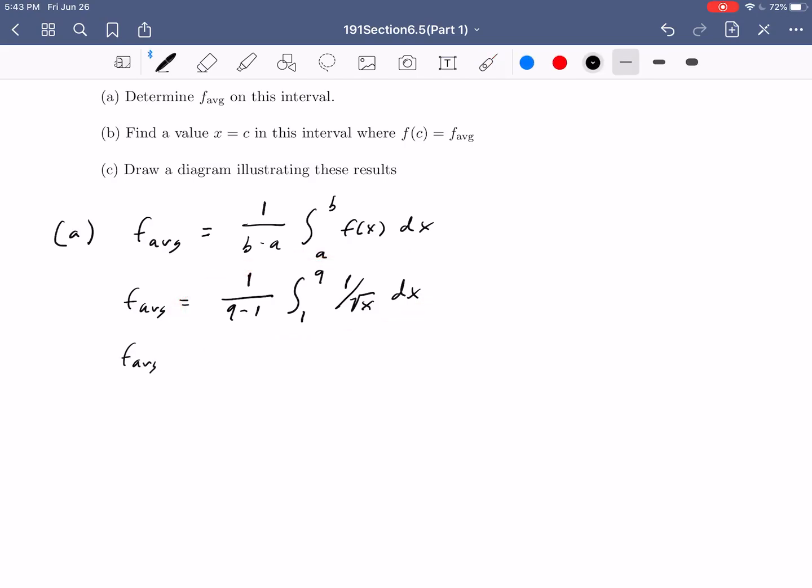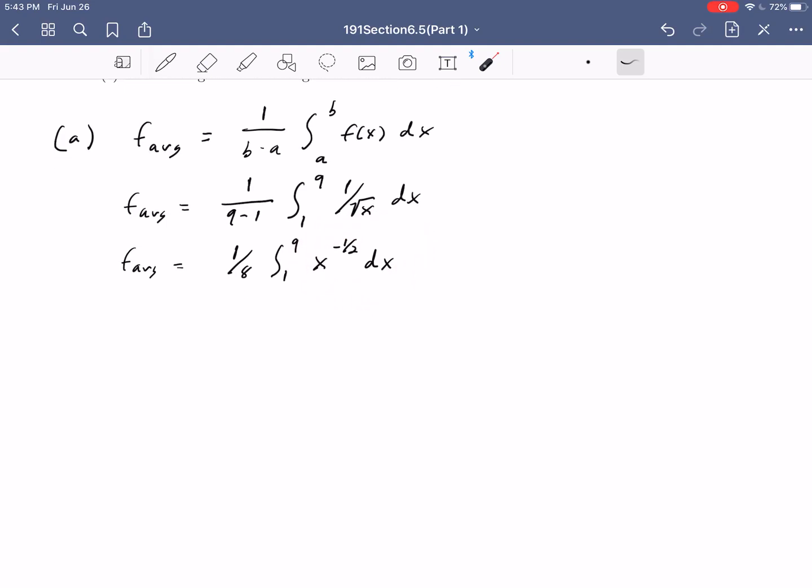So f average is 1/8, integral from 1 to 9. It's good to think about this as a negative fractional exponent, so x to the negative 1/2 dx. Then we can use the power rule. New exponent when we add 1 is x to the 1/2, times the reciprocal, which is 2. And then we evaluate from 1 to 9.